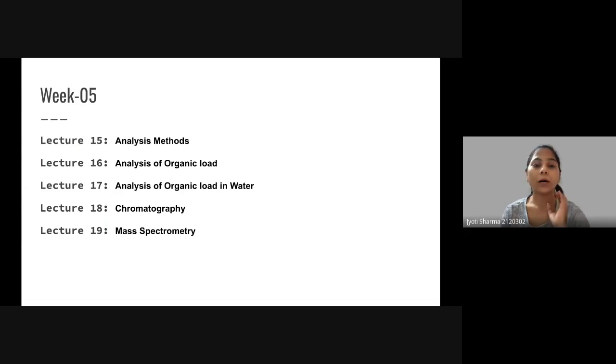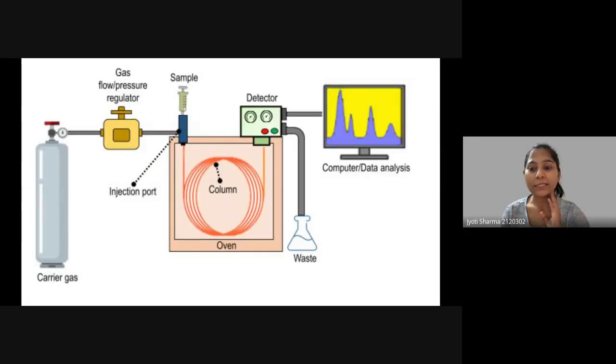Okay, we're going to start with the mass spectrometer, and this is just one picture that I want to show before giving you the MCQ questions. Here, what you can see is that we have a carrier gas, and we need to regulate that carrier gas, and that's why we have a regulator.